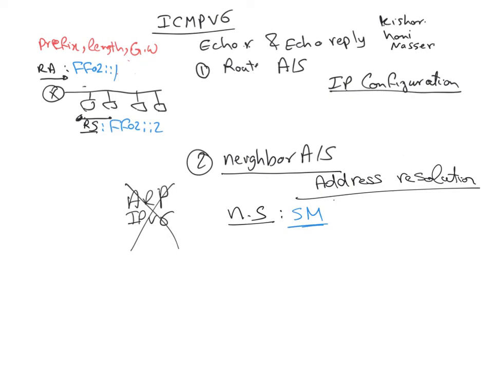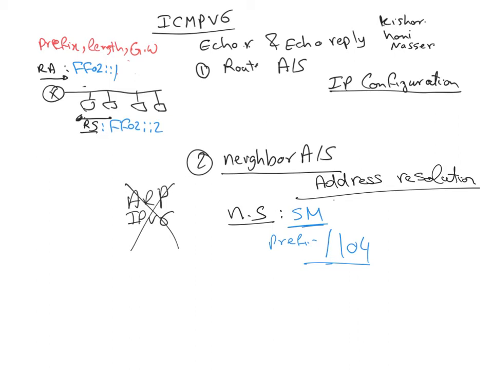Remember we talked about solicited multicast address, where we have a specific prefix /104, and then we take the last 24 bits of the global unicast, and then we concatenate it with the solicited multicast prefix, and then we send the packet with that solicited multicast address.